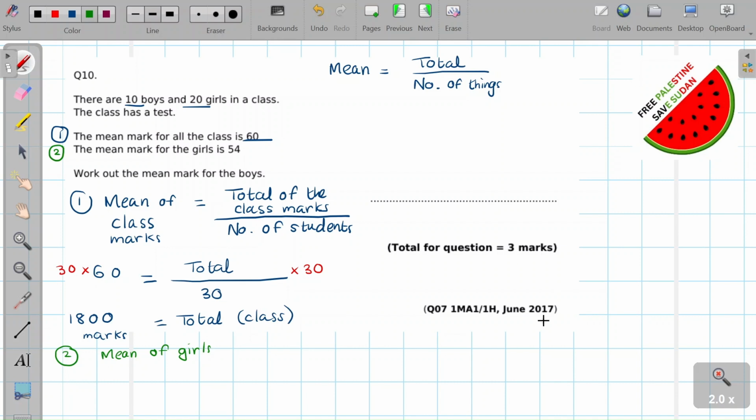This is an exam question, by the way, question 7 of paper 1, June 2017, the Edexcel GCSE exam. Mean of girls is equal to the total of girls divided by number of girls.